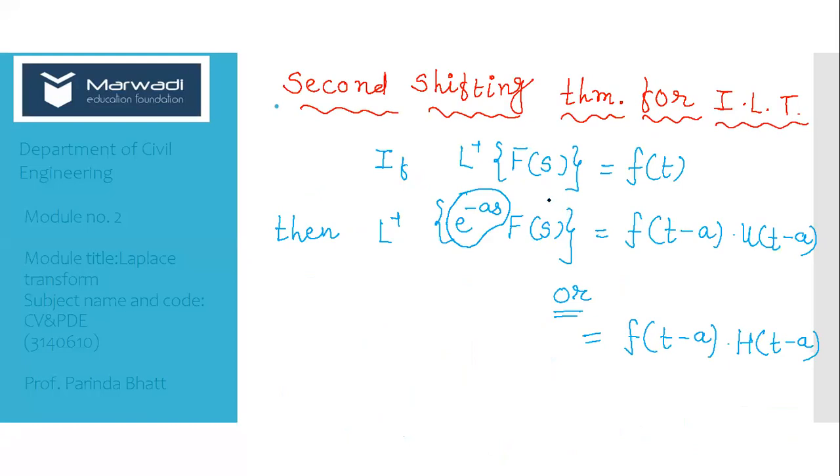Therefore, first you have to identify F(s), and that's how we get f(t). Then, when this F(s) is multiplied with e power minus as, the change in the answer is that in place of f(t), you write f(t minus a) and multiply with the unit step function u(t minus a), or you can also write it as H(t minus a). Everyone clear? Any doubt regarding this?